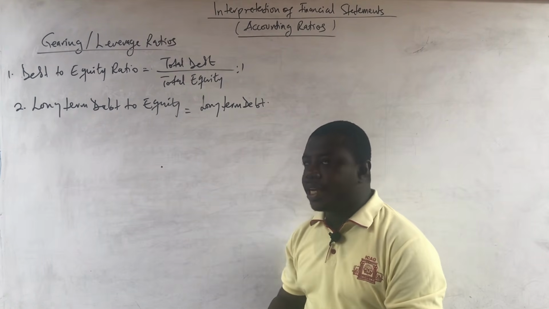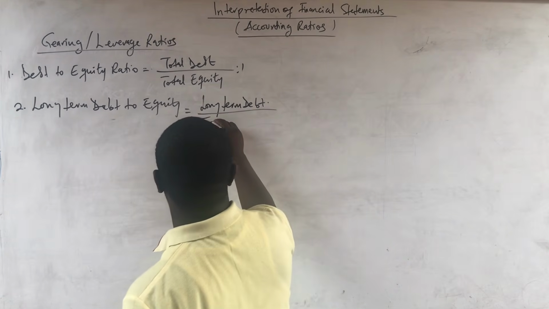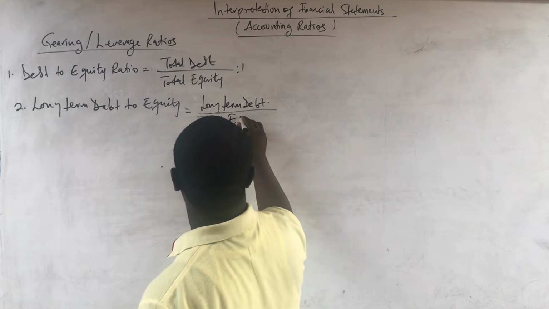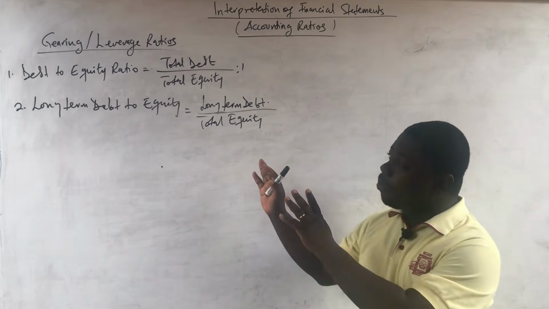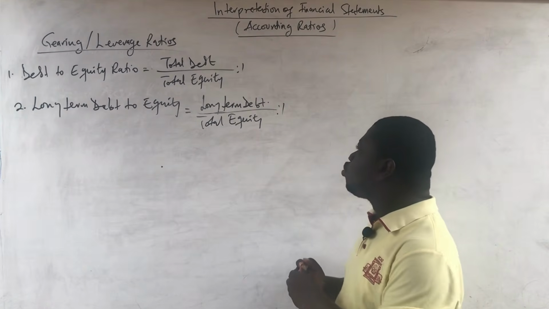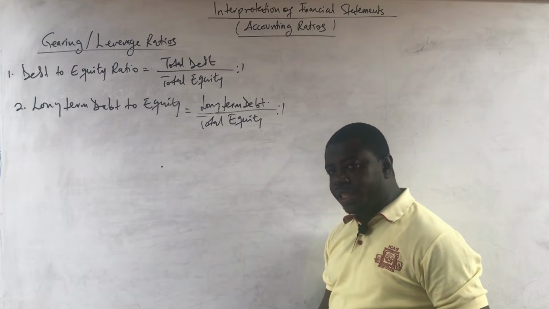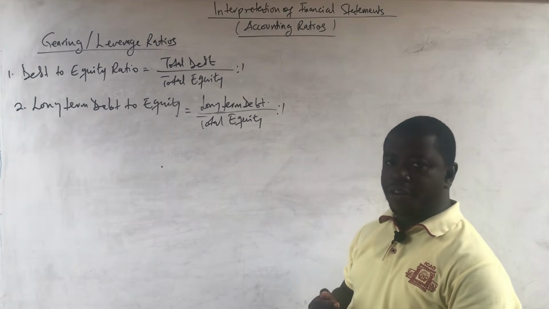Remember that preference shares are long-term debt. So you add that all over your total equity. Okay, so this is how it's going to be. The interpretation is supposed to be the same. It is to 1 for equity. So if you calculate and you have more than 1, then it means that you have a problem.